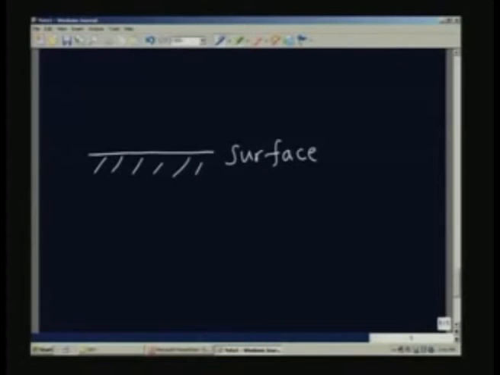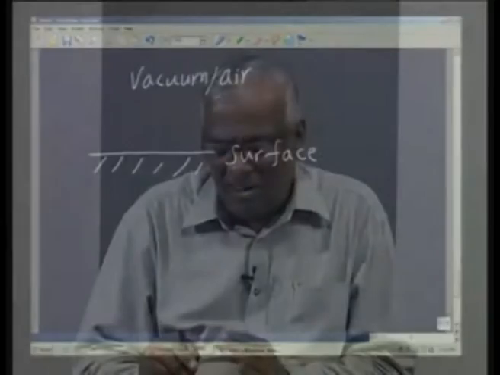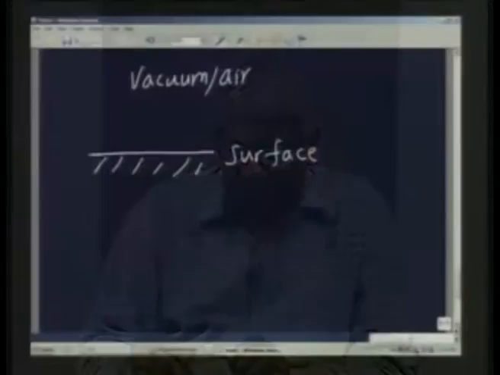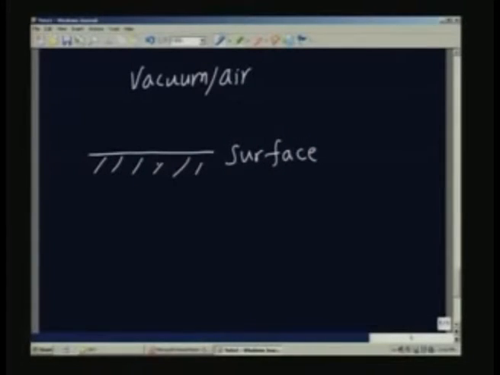On one side, I can consider vacuum, or I can just consider air or atmosphere, since for many purposes air is transparent; it does not matter which it is. And we have an engineering surface, and this surface separates the two regions, one vacuum or air, and inside there is a solid. So, we will say this is a solid material.